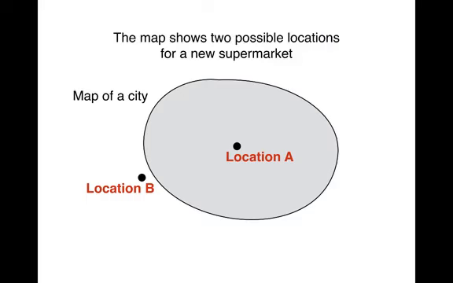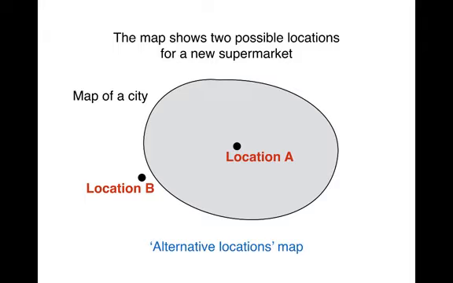The map shows two possible locations for a new supermarket. You see a town or a city and these two possible locations. There will be more information, of course, on the real question. But here, your job is to compare these two possible locations. A in the centre of the town or city and B outside the city. And I'd call this an alternative locations map.